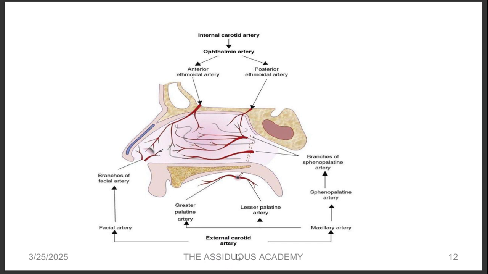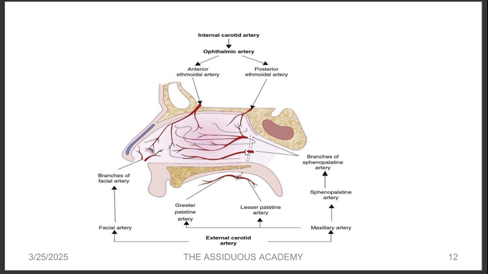The external carotid, on the other hand, is going to give you the facial artery and the maxillary artery. The facial artery is going to give you a branch, the nasal branch, okay, coming from the facial artery. And then the maxillary artery is going to give you the sphenopalatine artery, which will give you a branch that will also go.